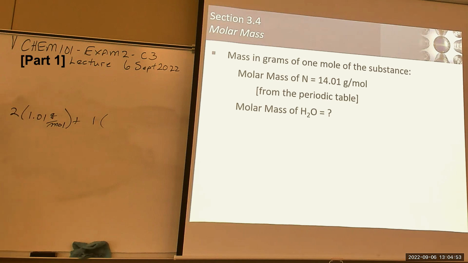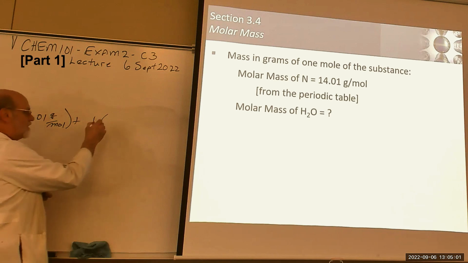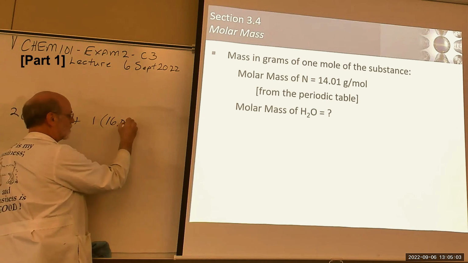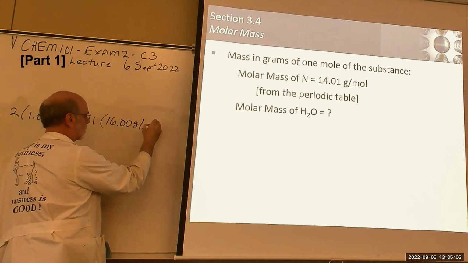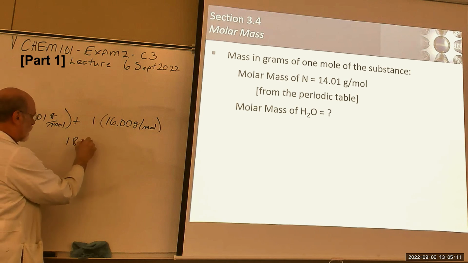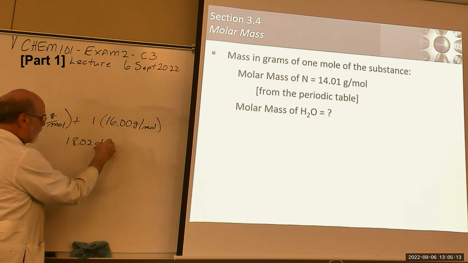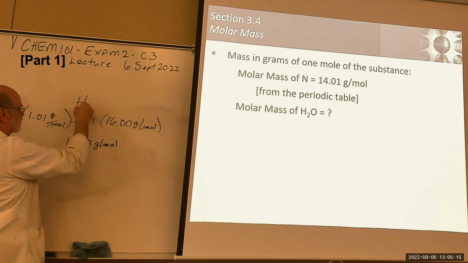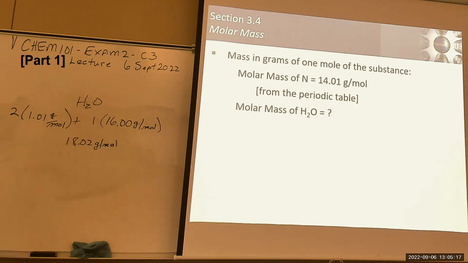Let's go look. Well, let's see, it's 15.99943, so rounded off to 2 places would be 16. All right, so 2.02 plus 16 is 18.02 grams per mole. And that's for water. That's how we do that.